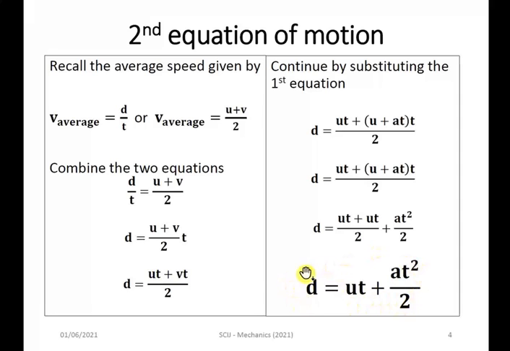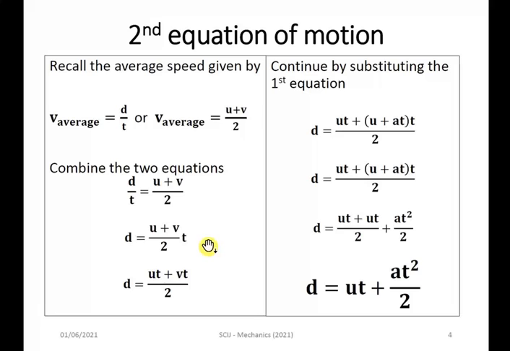This will be your second equation of motion. You can appreciate it much better if you go through the steps for deriving it. You may see it as very difficult, but just follow the algebra that you've learned in your mathematics classes, and then you'll be alright, you'll be able to derive it.